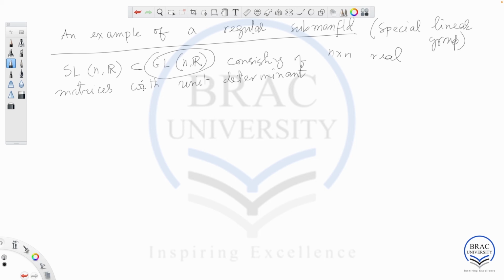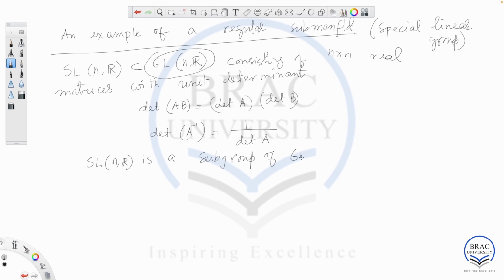They follow from these two identities: determinant of A times B is equal to determinant of A times determinant of B, and determinant of A inverse is equal to 1 over determinant of A. Okay. So this way we verify that SL(n, R) is a subgroup of GL(n, R). Okay.